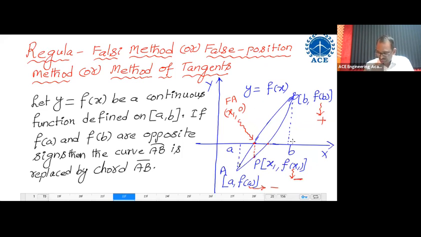If the root lies between x1 and b, then between x1 and b, the curve is PB.